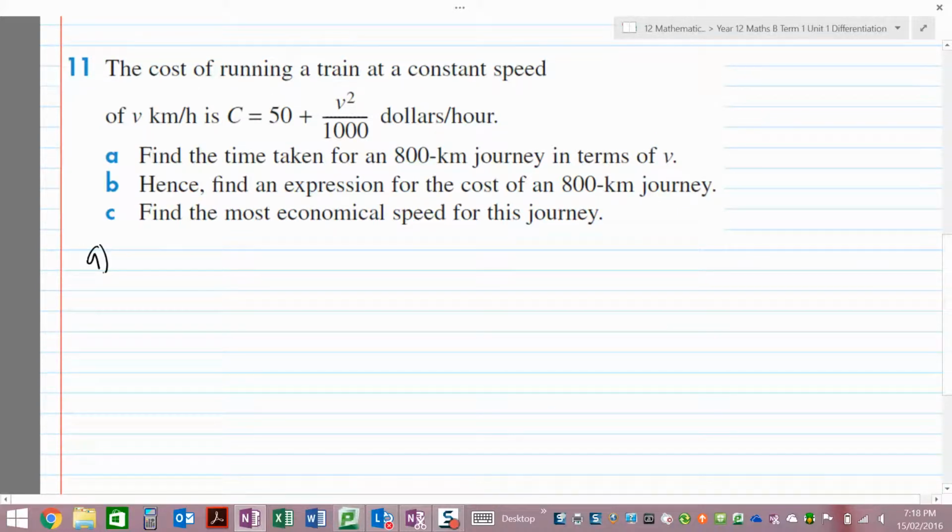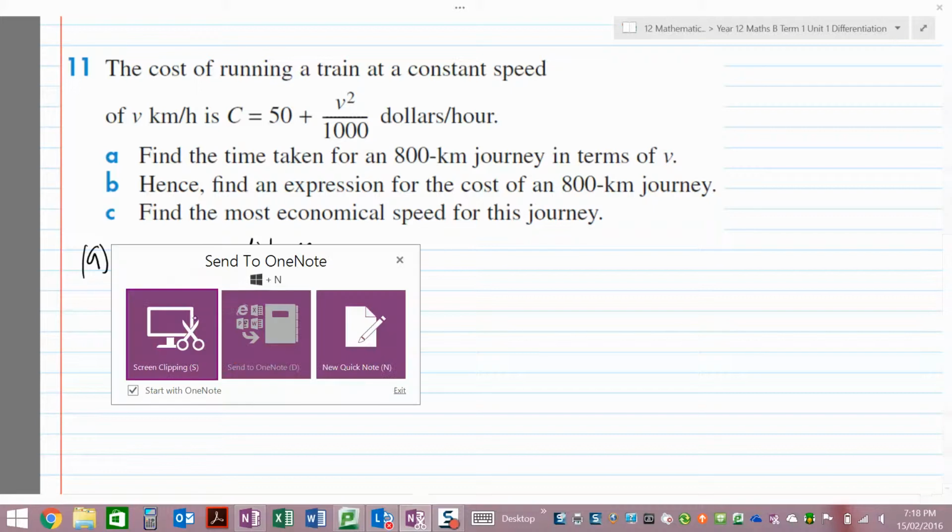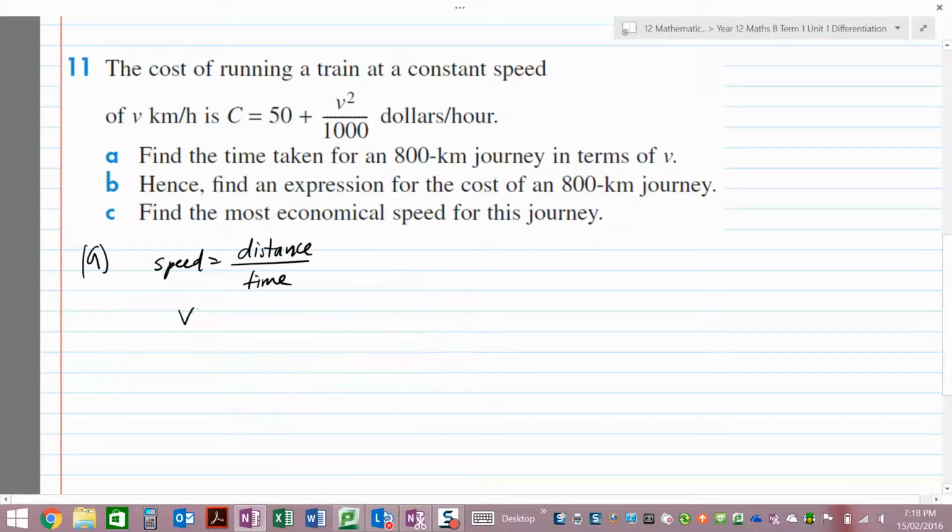Alright, so let's have a look at part A. Find the time taken for an 800 kilometer journey in terms of v. I know that speed equals distance over time. Okay, so my speed is v. My distance is 800 and my time is unknown.